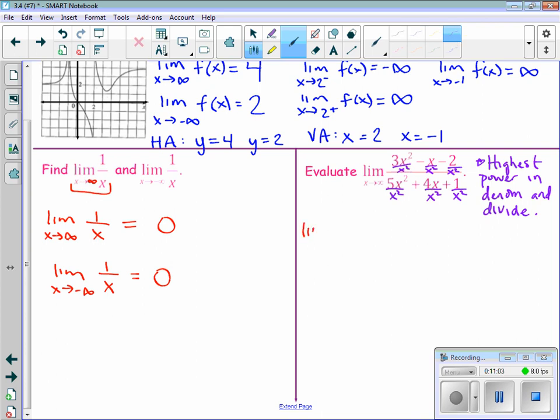Okay, so I'm just going to rewrite it here. 3x squared over x squared will just give me 3 minus 1 over x, and it's 2 over x squared. And then we've got our 5 plus 4 over x plus 1 over x squared.